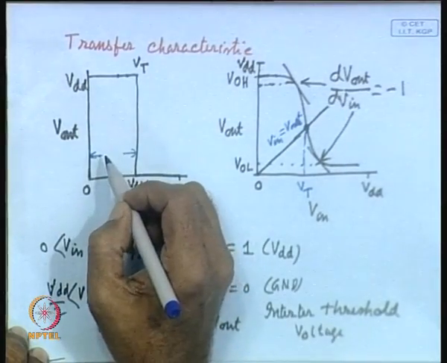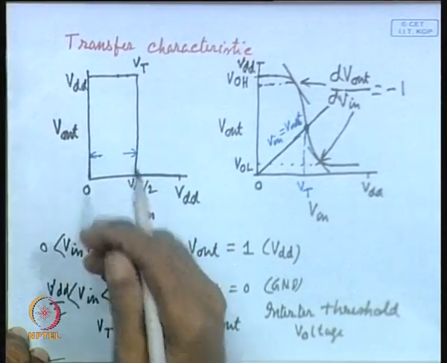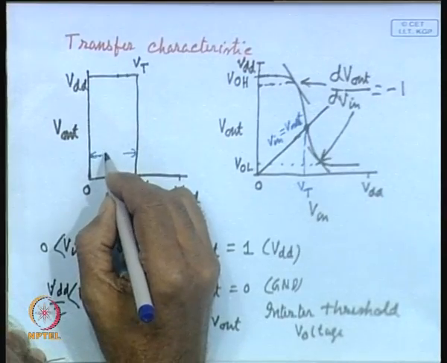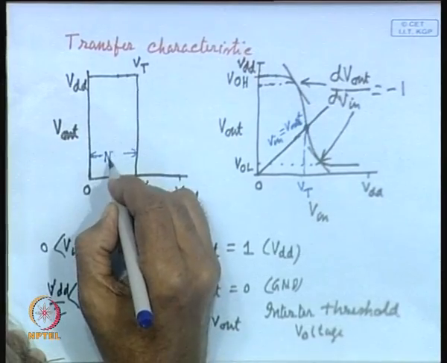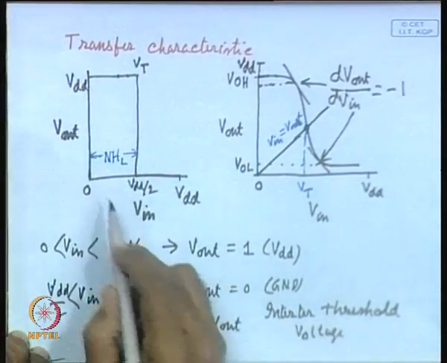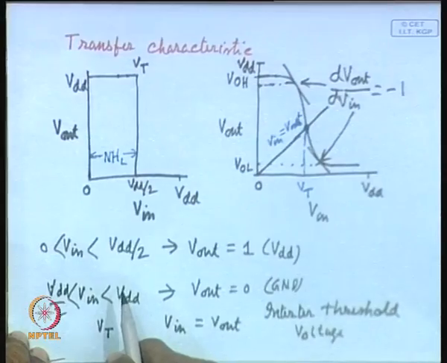That means, on top of 0 volt, if there is noise, and as long as the noise level does not exceed VDD by 2, you will get the correct output. So, that is why this is called noise margin NML, that is 0 to VDD by 2.